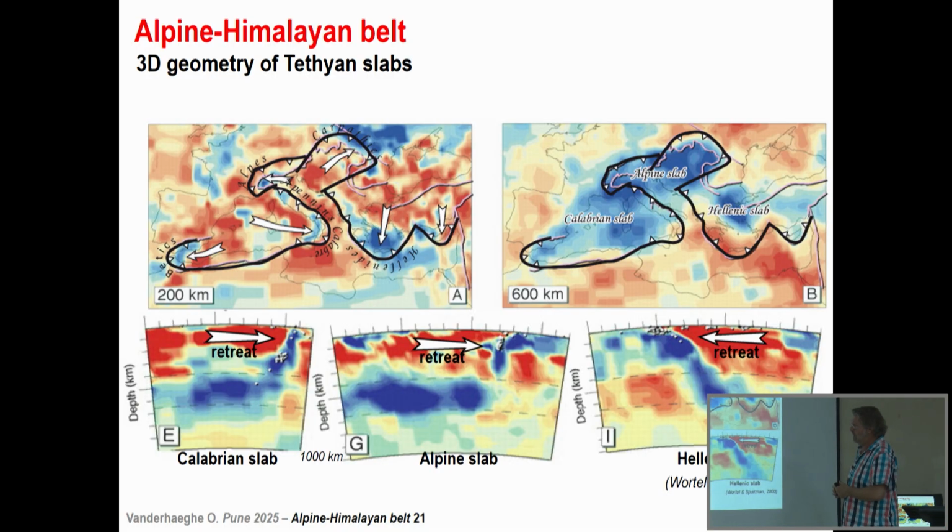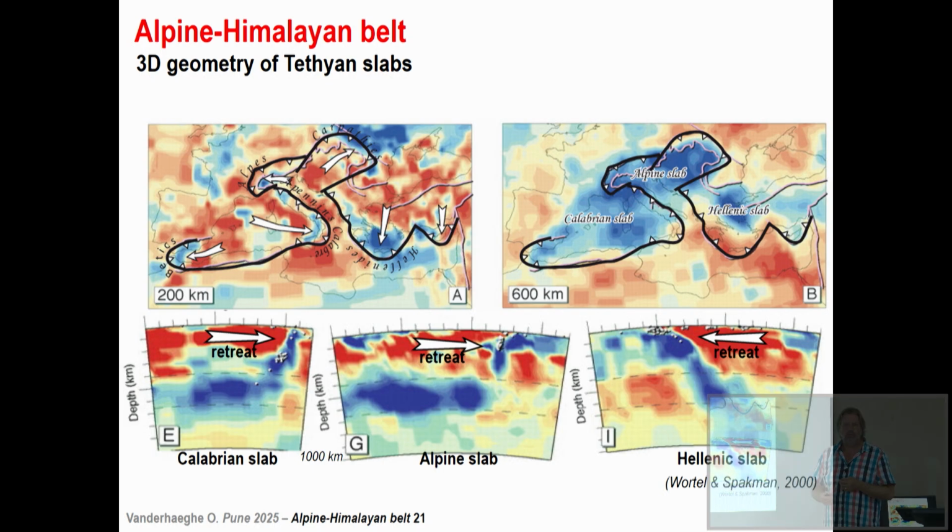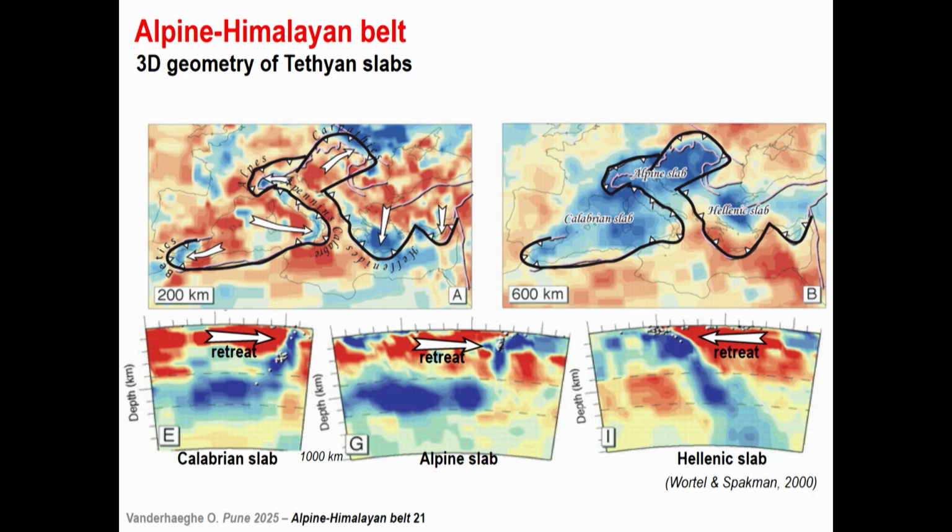And this is thanks to seismic tomography. Everybody has seen seismic tomography. It's a very common way to retrieve lithospheric structure, looking at how seismic waves propagate relative to a 1D reference model. So we determine if waves are moving faster or slower.